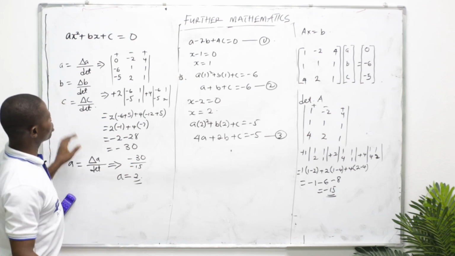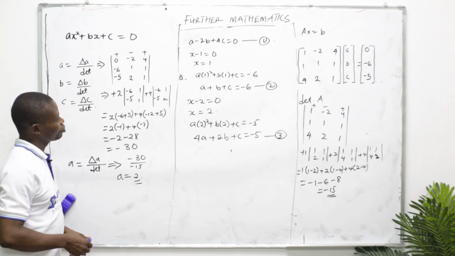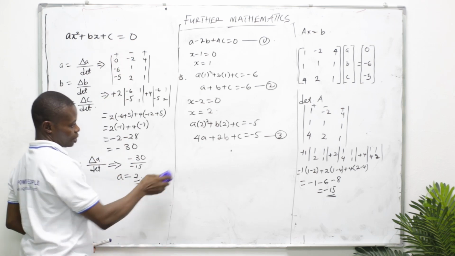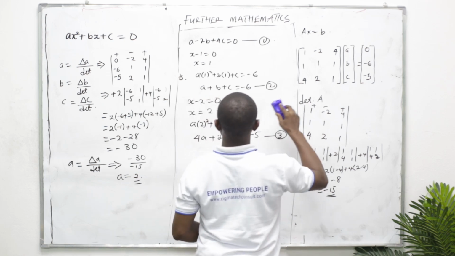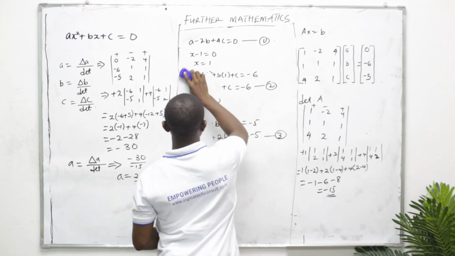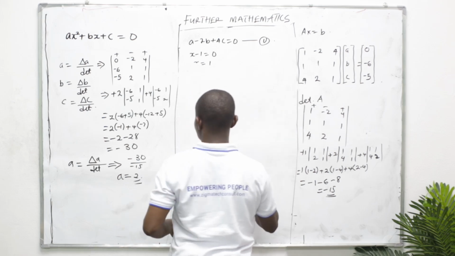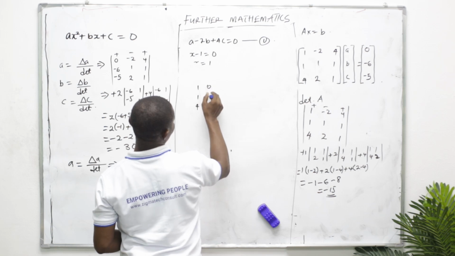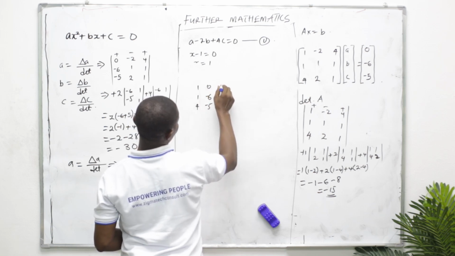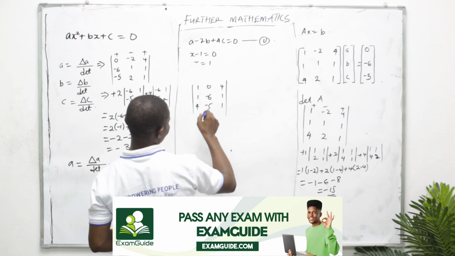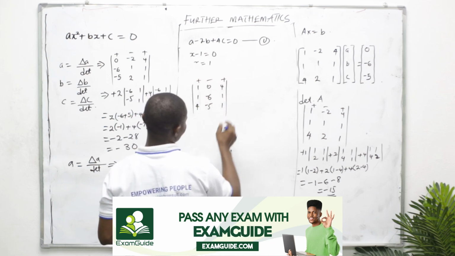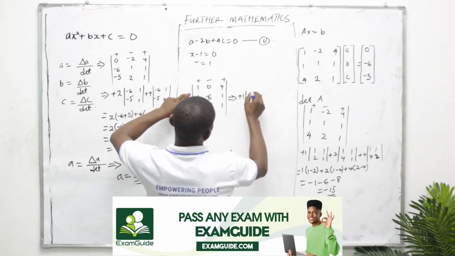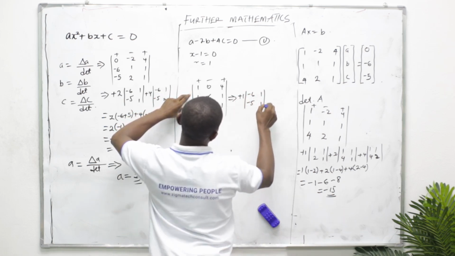Next, you solve for b. To solve for b, we have to replace the column. This is 1, 1, 4, 0, minus 6, minus 5, 4, 1, 1, for b, with signs plus, minus, plus. This implies, of course, plus 1 into minus 6, minus 5, 1, 1.